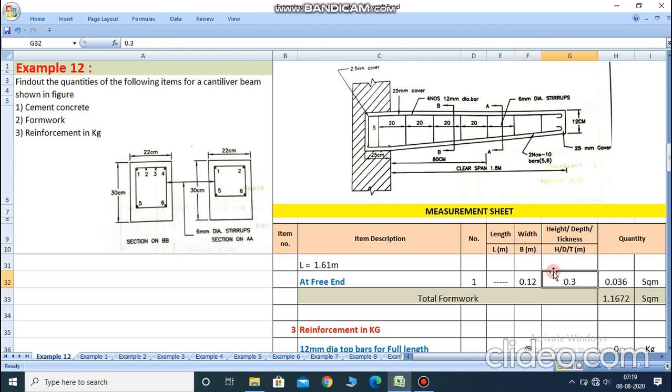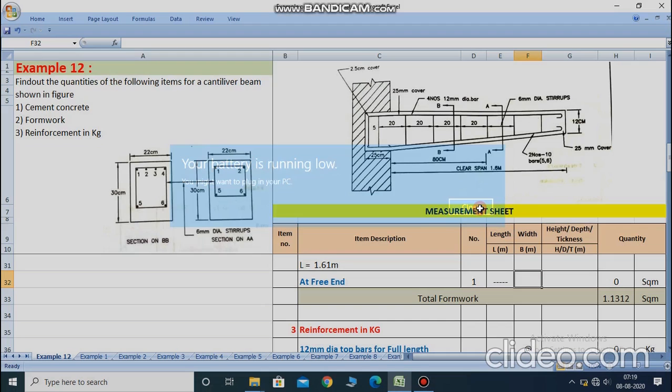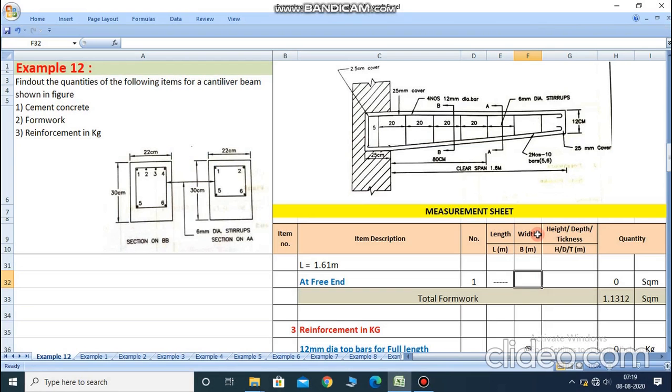Wait a minute, width is 22 and height is 12 centimeters. So here 12 centimeters. So the total quantity is 0.0264 square meter, the total quantity for the formwork at the end.